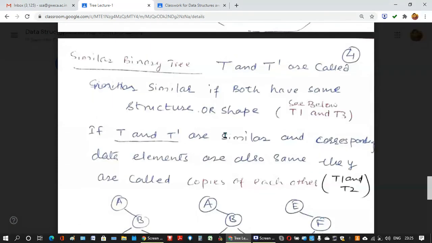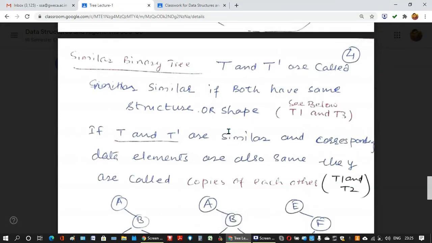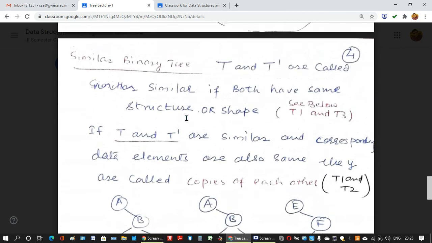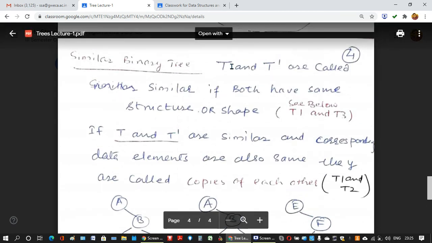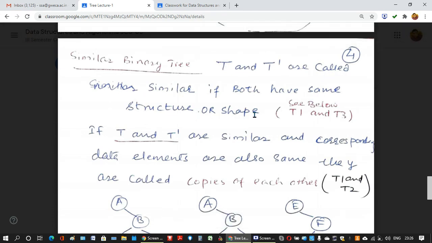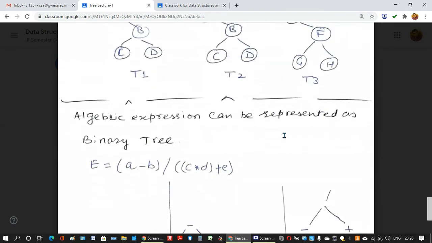So it is a copy when every corresponding element is the same, and the shape is the same. So here I have given the definition. T and T dash are called similar if both have the same structure or shape, like T1 and T3. And if T and T dash are similar and corresponding data elements are also the same, then they are called copies.